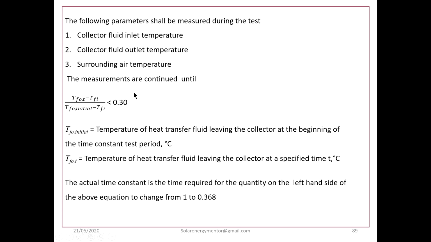In our previous illustration, after 5 minutes we get this ratio as 0.4. Now after 7 minutes and 10 seconds, we get this ratio to be 0.29. In that case we can say that the time constant of the collector is 7 minutes and 10 seconds, that is 430 seconds. So that's how time constant is evaluated.